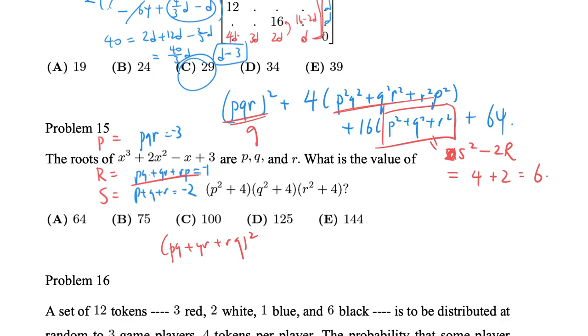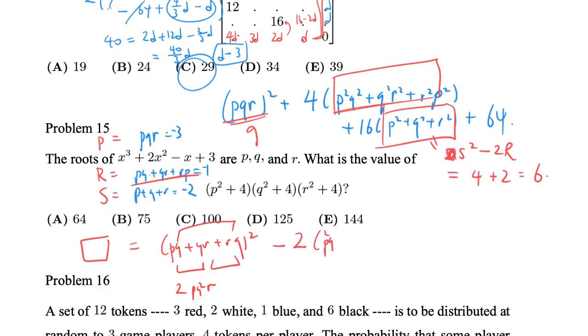So let's call this box. This box is equal to this, but then this would give a lot of garbage, such as if you multiply these two things together, you would get PQ squared R, and you get that twice. And so for each pair, you could make the same argument, and you would want to remove 2 times P squared QR plus PQ squared R plus PQR squared.